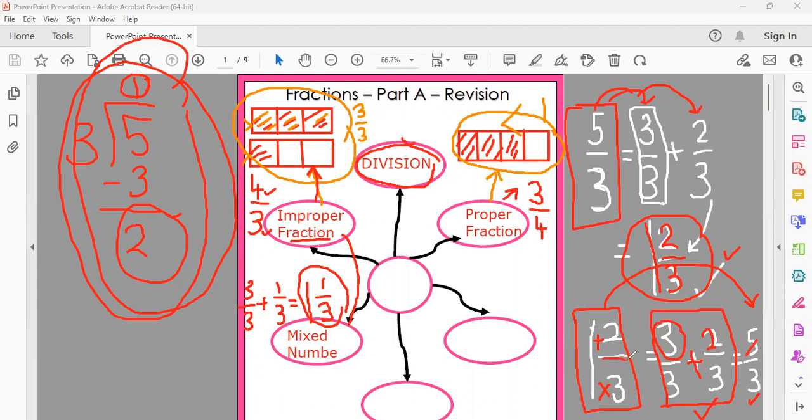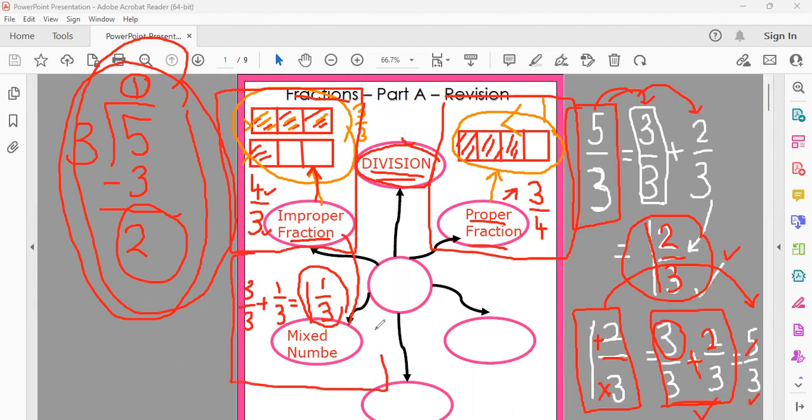To convert a mixed number, you can also use this method or the times and addition method. So that's learning fraction as a division, knowing that a proper fraction is less than 1, an improper fraction is more than 1, and an improper fraction converts to a mixed number, and vice versa.